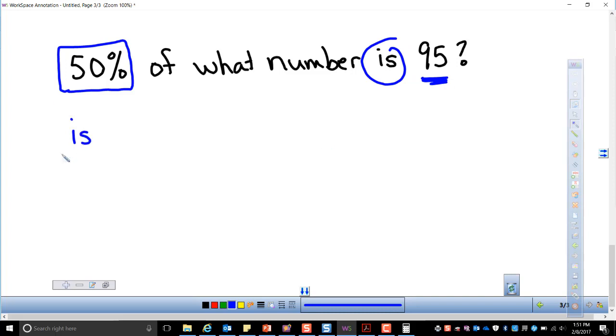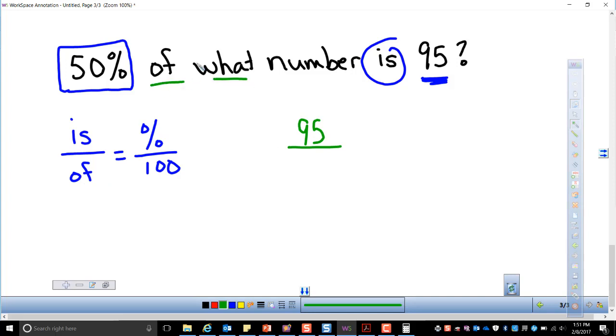So my proportion is is over of equals percent over 100. My is 95. My of, it says of what number? I don't know. Equals my percent, 50. 50 is the percent because they both have the symbol. On the bottom is always 100. So I'm looking for what number, so I'm going to use n.